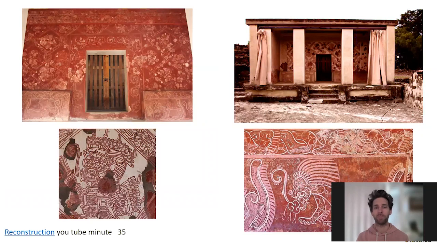Atetelco. This is a really cool place. There are two buildings. One has white on red and one has red on white on the murals, kind of a reversal. And these are the netted jaguar figures in the bottom here that are represented here. So this is a close-up of this wall.